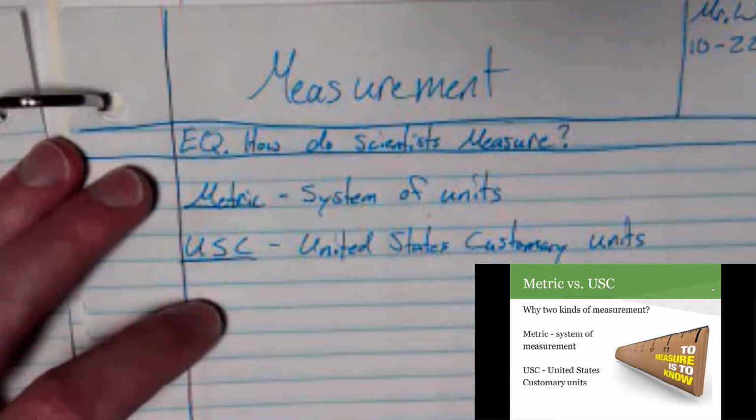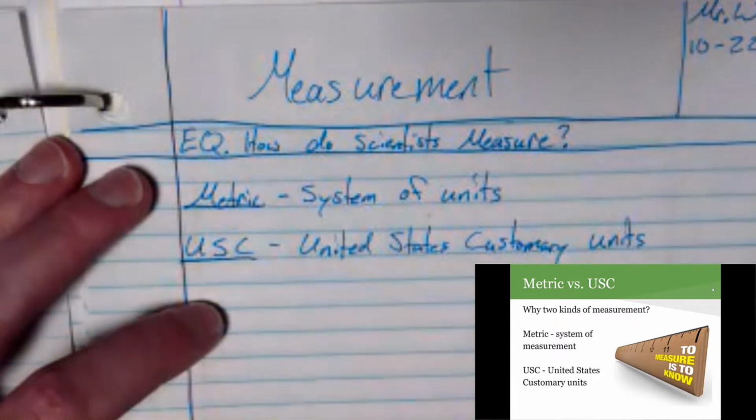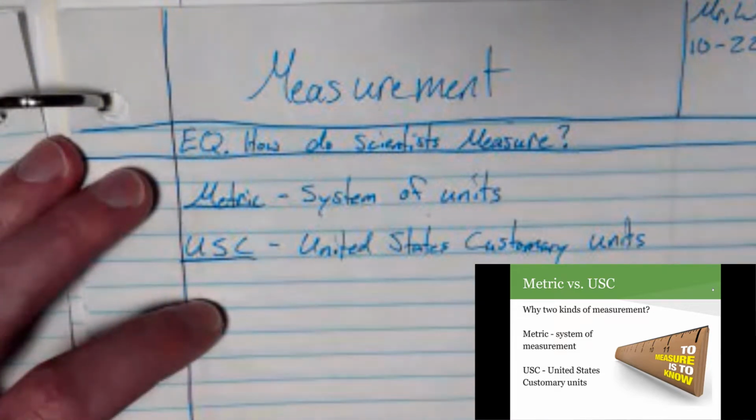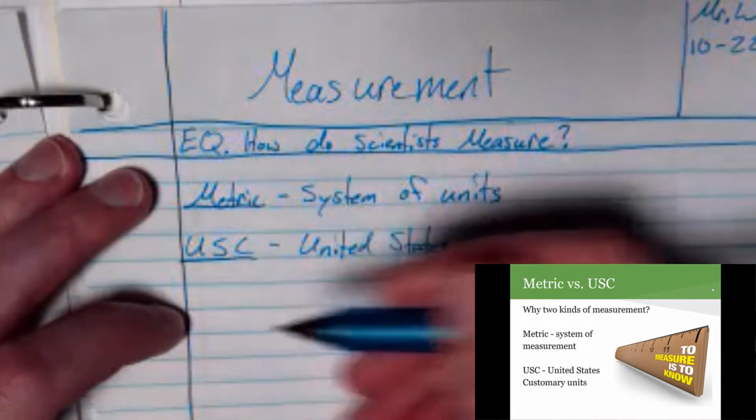So if we were to think of some examples of what we use for measurement, it would be like gallons or inches or feet, leagues, what else? Ounces, pounds, those sort of things. The metric system, though, would use centimeters, meters, liters, grams, kilograms, stuff like that. And we're going to compare the two a little bit as we keep going.